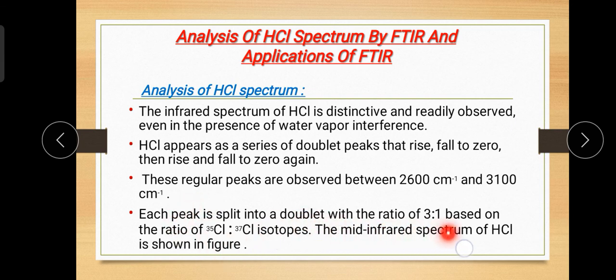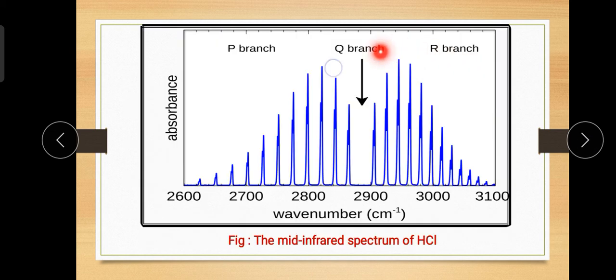The mid-infrared spectrum of HCl is shown in the figure. That shows how the HCl spectrum looks. The graph is absorptance versus wave number, with wave number in cm^-1.